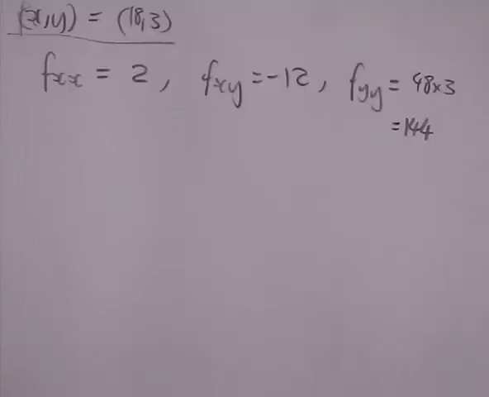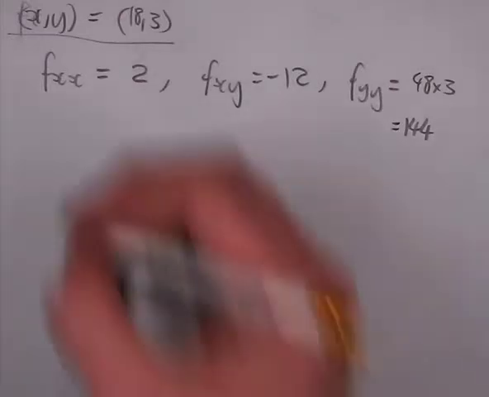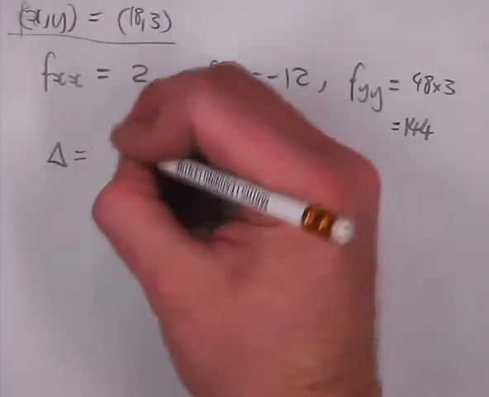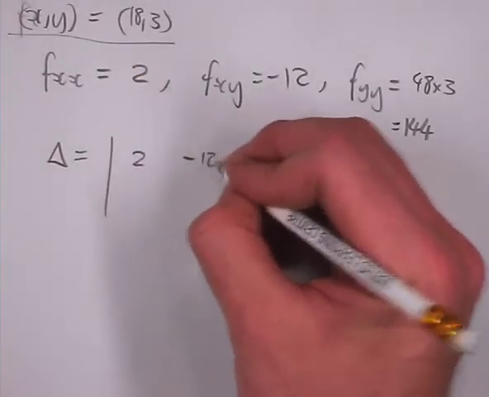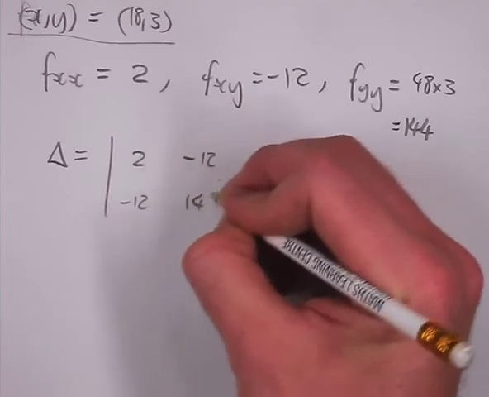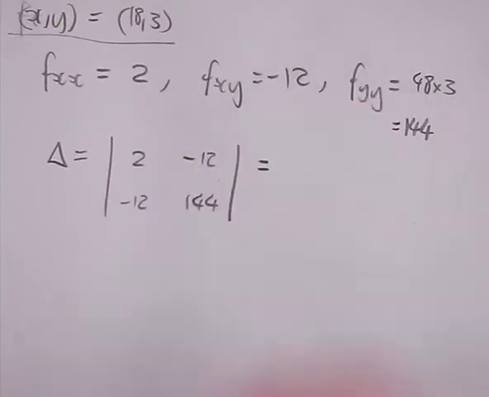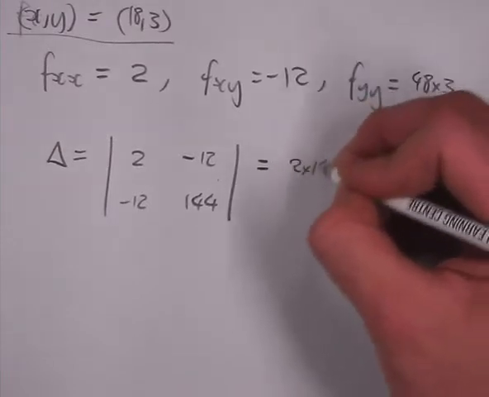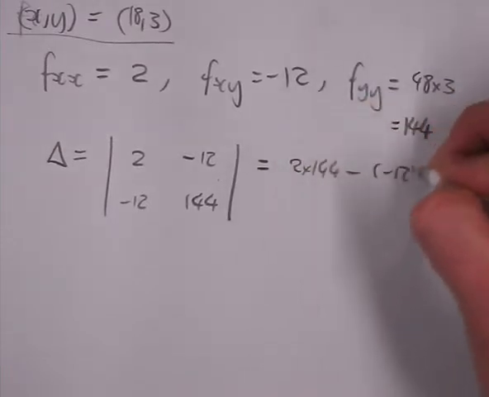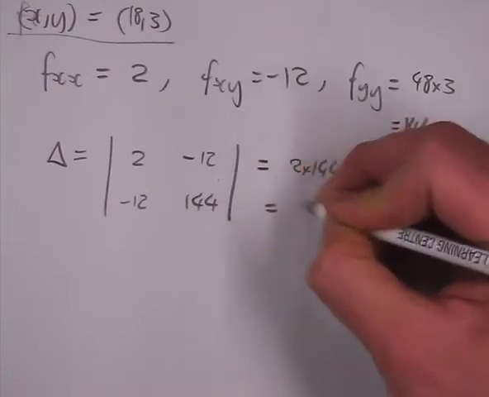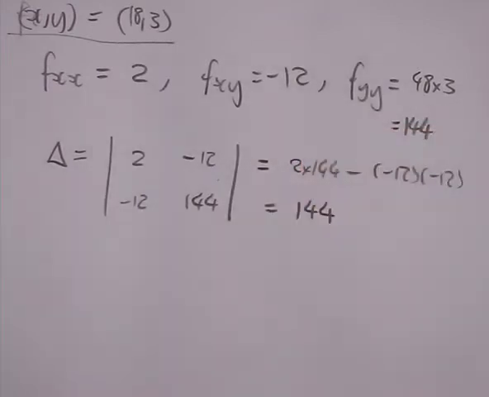Okay. So I subbed my point into all three of those formulas. These two are easy because they don't involve x and y. And now I need the discriminant again. And this time, the answer comes out to plus 144. So the discriminant's positive this time.